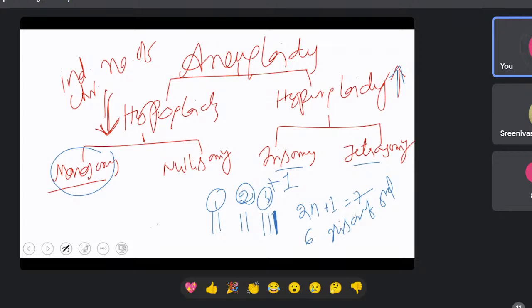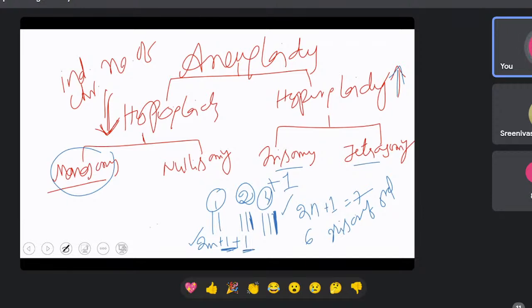Now if another one is added to the second pair, we cannot say it as 2n plus 2. It is called 2n plus 1 plus 1. It is called double trisomic. Here 2n refers to the diploid individual. For the first one, plus 1 refers to trisomy of one chromosome, that is the third chromosome.